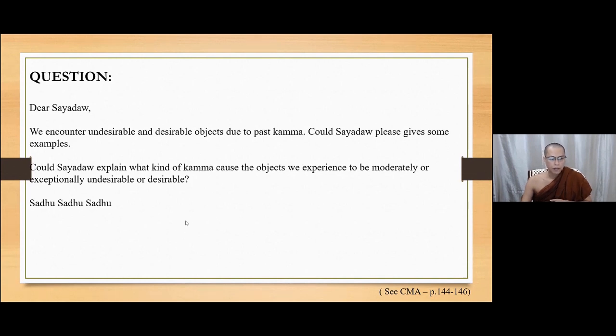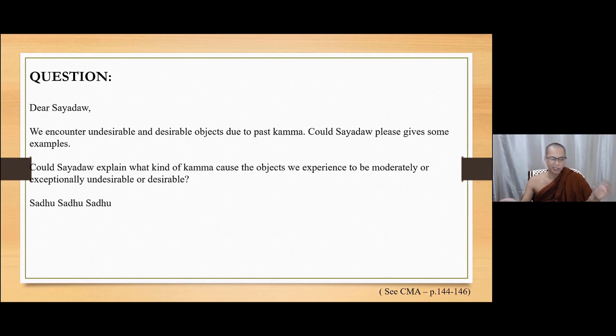So desirable and undesirable, as I said: if we give good karma, serving others in a good way, when we encounter, we will see a desirable object, whether visible form, sound, smell, etc. And sometimes unwholesome karma has the time to give its result.